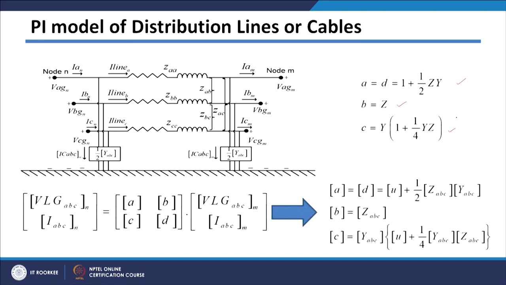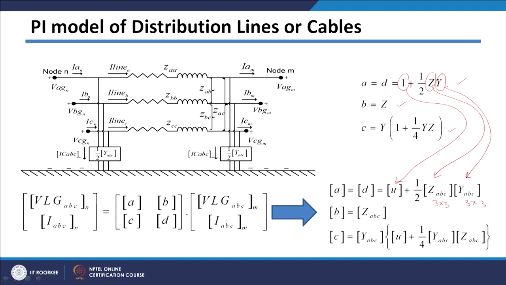However, as we have seen, all the 3 conductors are there and each impedance matrix is 3 by 3. So all these entries, or all these parameters, will be 3 by 3, otherwise the structure will remain the same. Here this one will become U, the identity matrix of 3 by 3 size, and Z will become the phase impedance matrix, which we have seen is 3 by 3 in size, and Y will become the shunt admittance matrix, which is again 3 by 3 size.